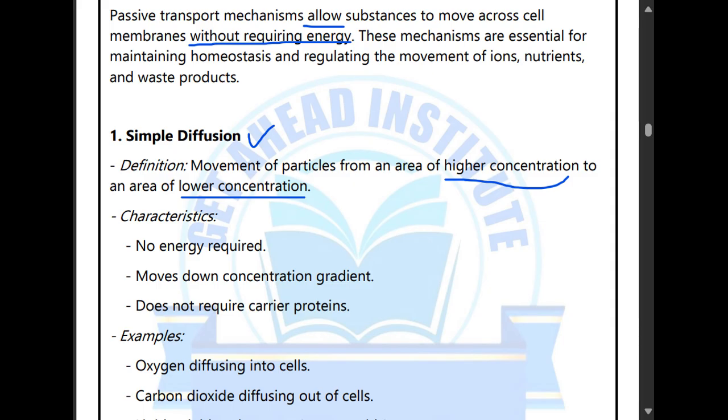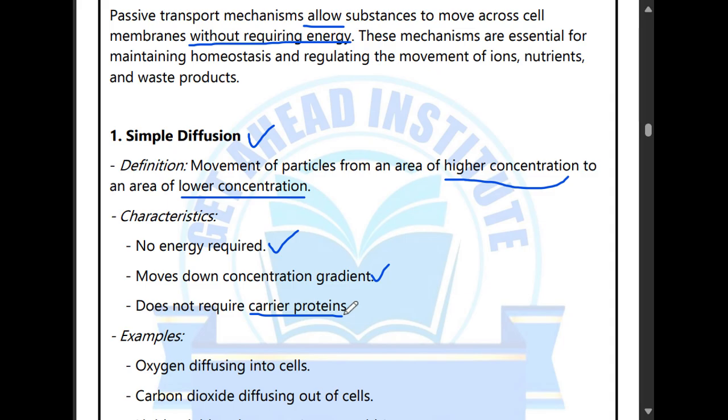You must understand that simple diffusion does not involve energy expenditure. The particles in simple diffusion move down the concentration gradient. Apart from that, simple diffusion does not involve any carrier proteins.